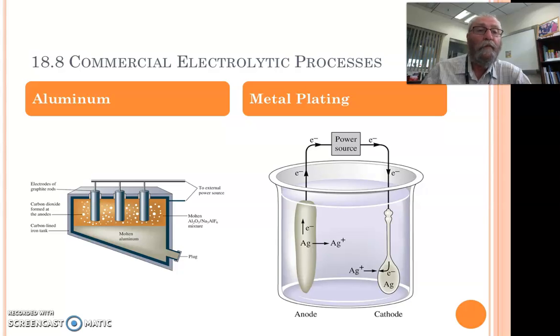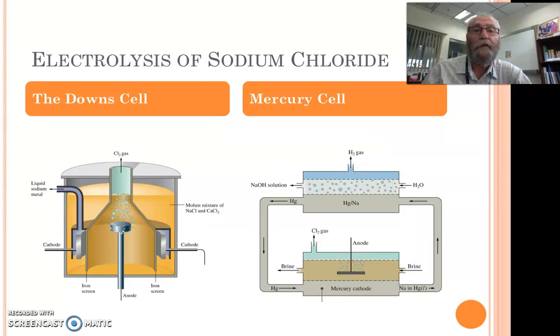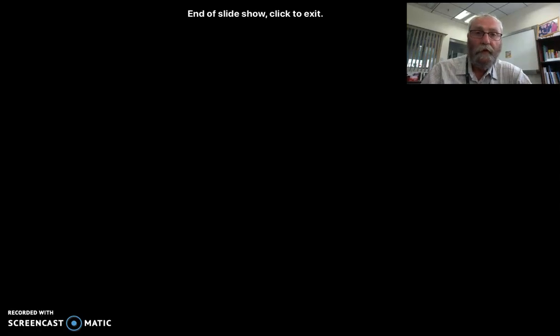Here, the production of aluminium is an important example, as is metal plating. The Downs cell to produce chlorine gas, and the mercury cell to produce sodium hydroxide are also other important industrial processes. So that concludes that particular PowerPoint.